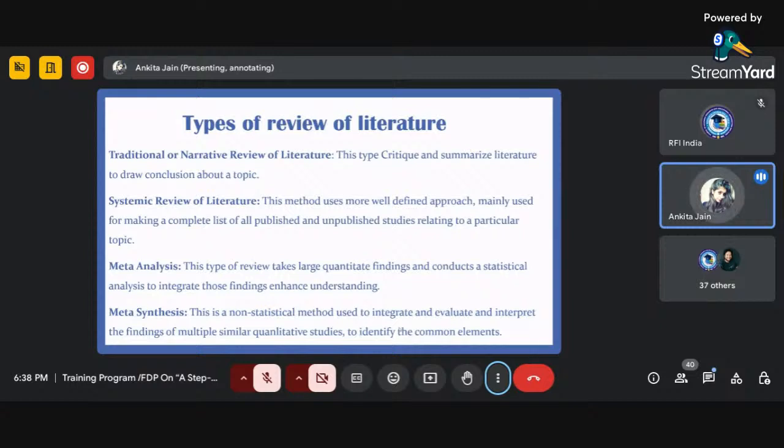Also, we are defining it in a deeper way, and we are using more and more literature. We are not writing very few, we are writing as many as we can take. We are doing it systematically, following some defined approach.